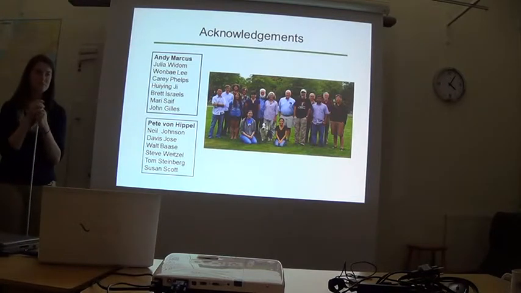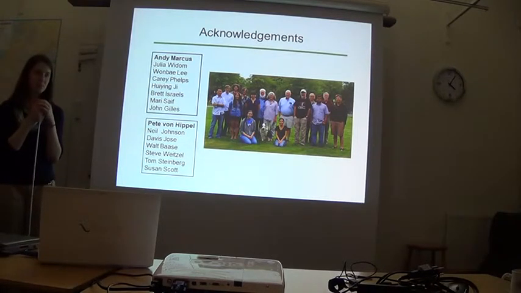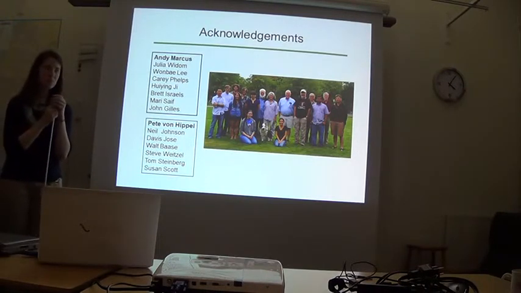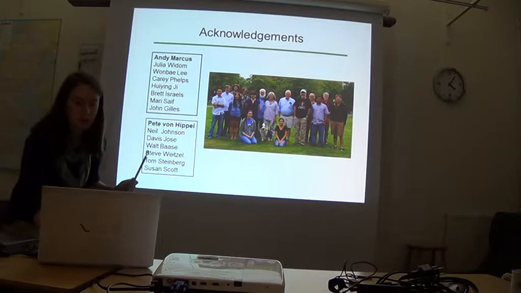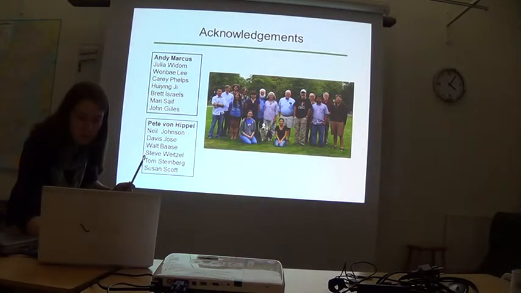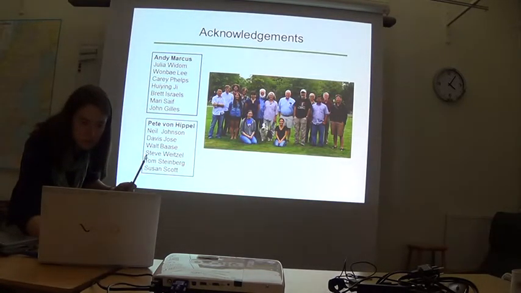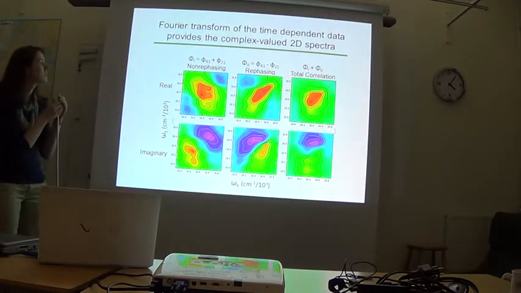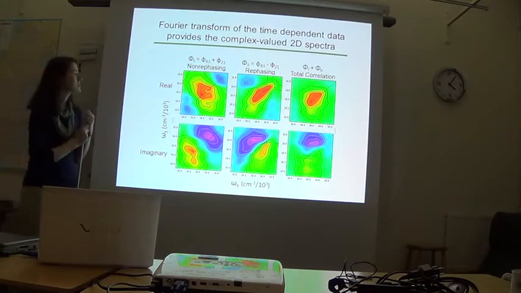I have one question about the data. You showed there is rephasing, non-rephasing, and total. And the total seemed to be also quick, but independent of the phase or delay between the first two pulses. Because you had there the sum and difference, and then when you sum it up, you lost this delay between 1 and 2, right? Yes.